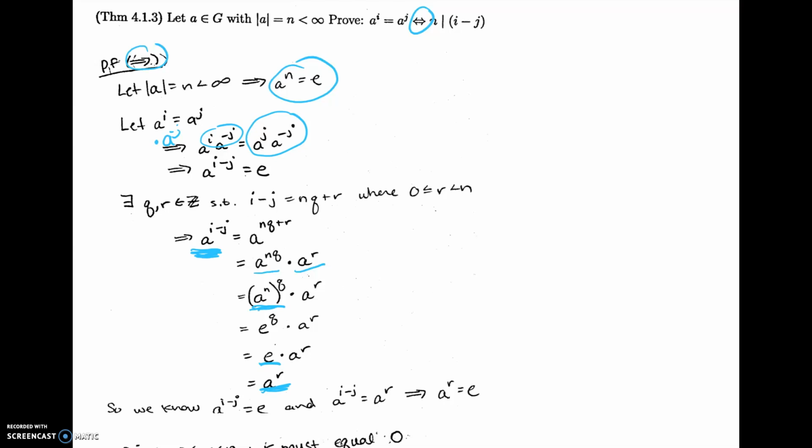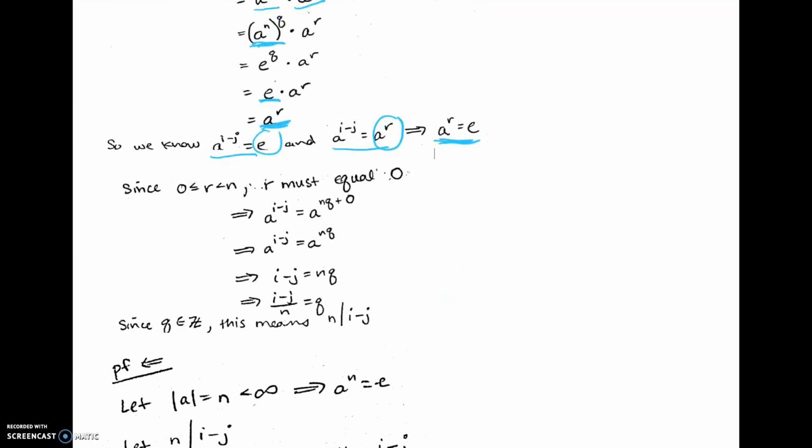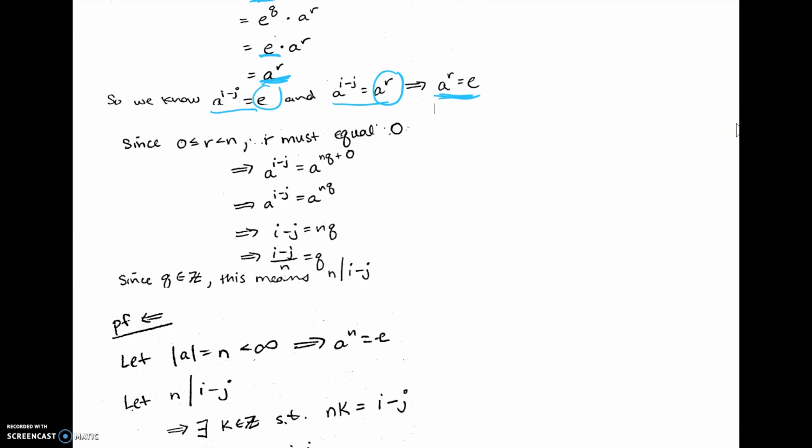We also know that A to the I minus J equals E. If both of those things are true, that must mean that A to the R is equal to E. Now, we also know that R is greater than or equal to 0 and less than N. So it's any number between 0 and N. It has to equal 0, because if A to the R equals E, the smallest positive power that makes A to the anything equal to E would be N. But R can't be N, it has to be strictly less than.